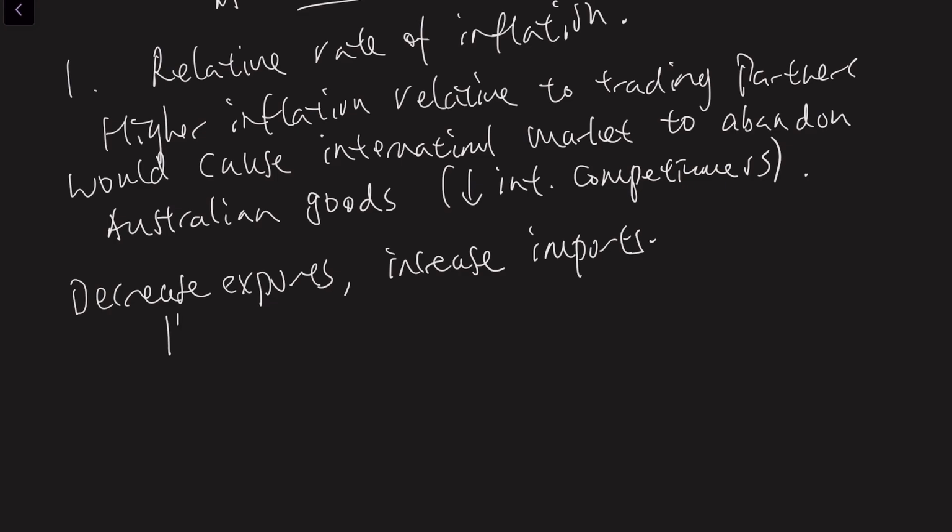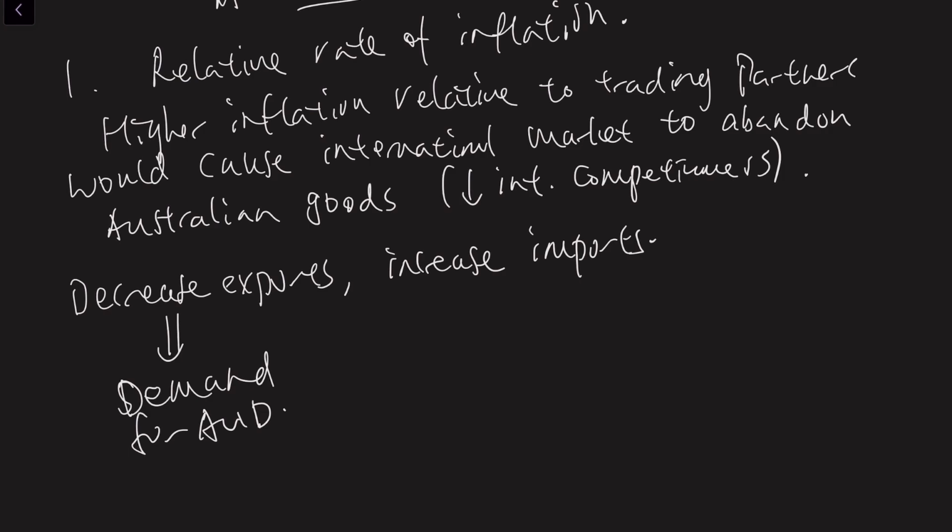So exports is the demand for the Australian dollar. Because if foreigners want to purchase Australian goods, which is exports, they need to pay in terms of Australian dollar. Or maybe they pay in US dollar, but it's ultimately exchanged to Australian dollar.